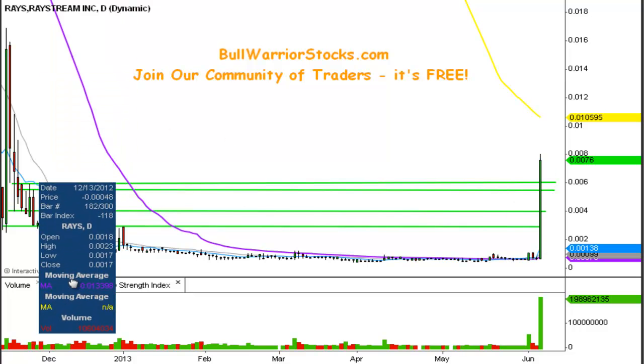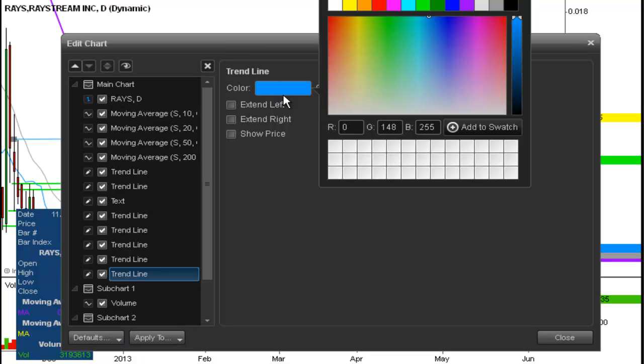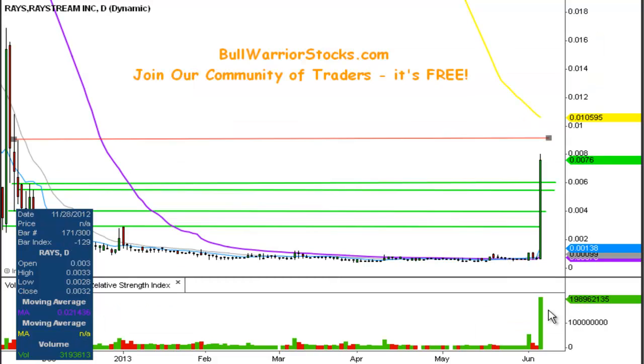Now, in terms of resistance levels, first level of resistance, it's going to be right here, and that's from way back on November 20th of 2012. That's at 009, so that'll be an area of resistance. And then after that, the big one to see how the price reacts around will be the CL line here.